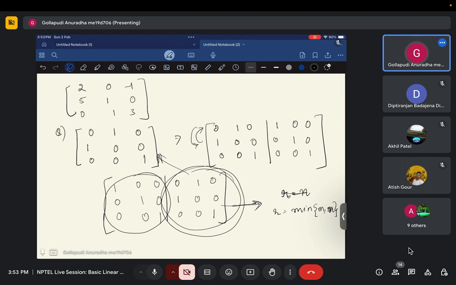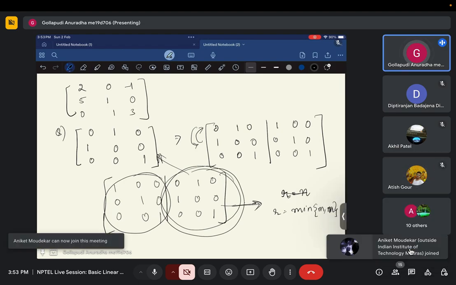What is your question exactly? Could you repeat your question? Ma'am, my question is, what do you mean by a square matrix having full rank?